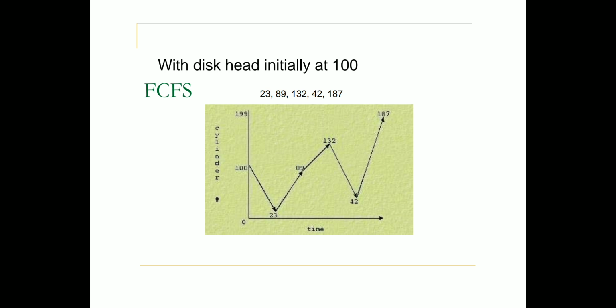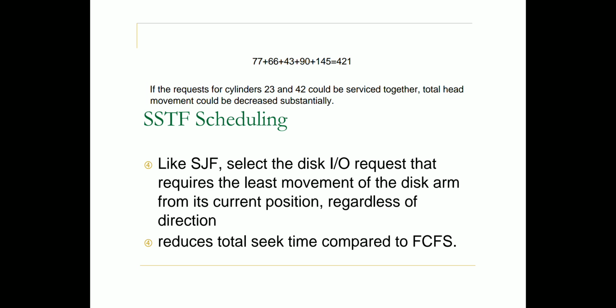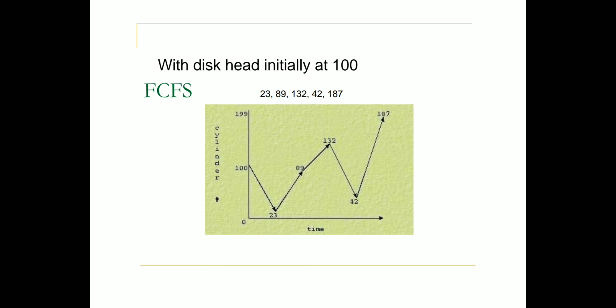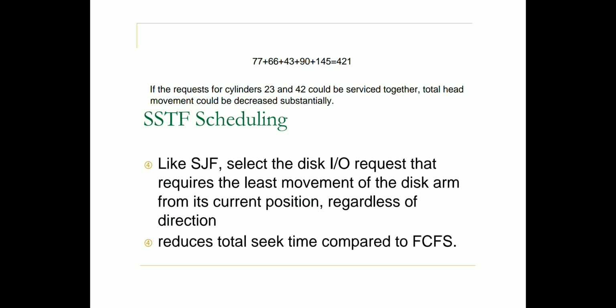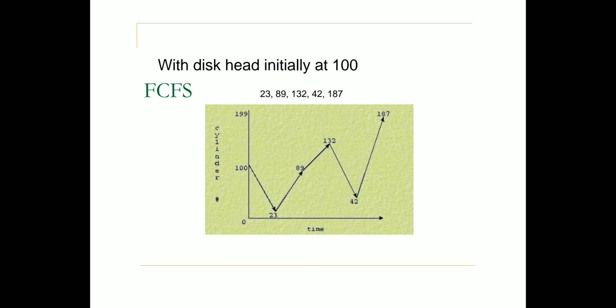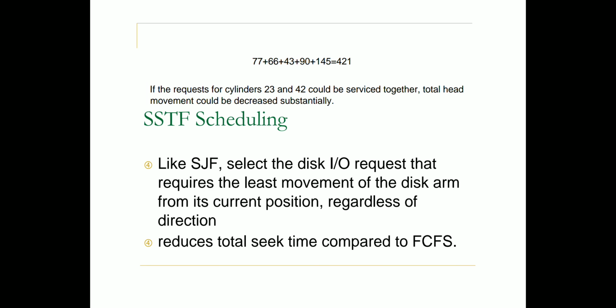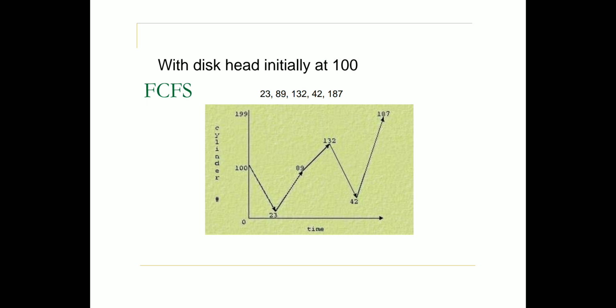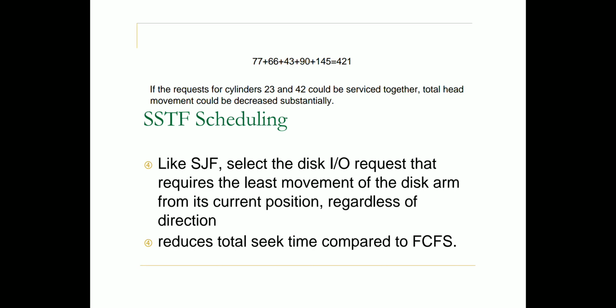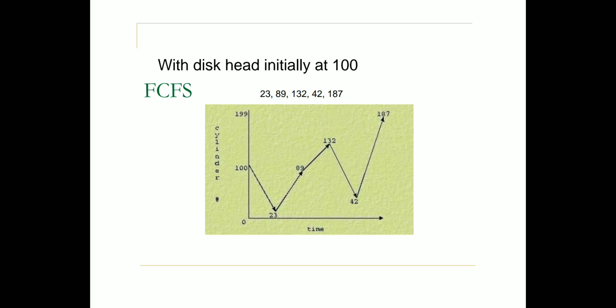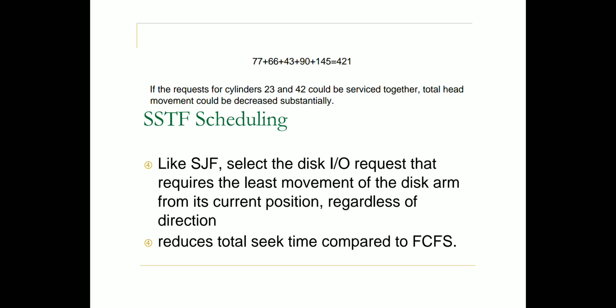The first request served is 23, so 100 minus 23 is 77. Then from 23 to 89, 89 minus 23 is 66, then 132 minus 89 is 43, then 132 minus 42 is 90, and at the end 187 minus 42 is 145.